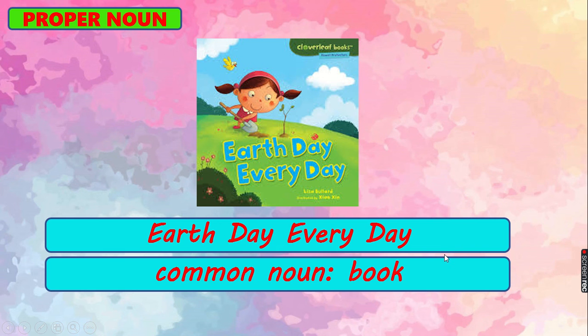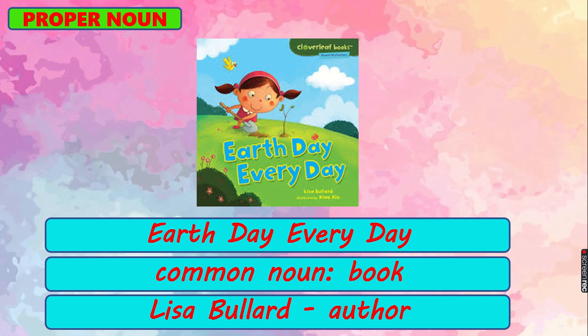Book. Now, can you see other proper nouns in this book cover? Yeah? I think it's here, but it's not so clear, but we did talk about it during Earth Day. It's Lisa Ballard. Lisa Ballard is a proper noun because it's the name of an author.